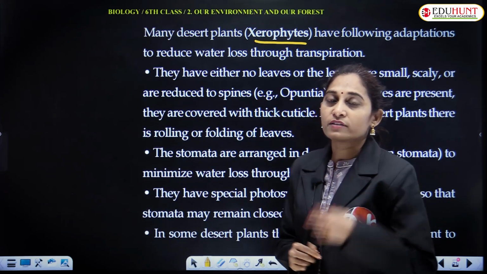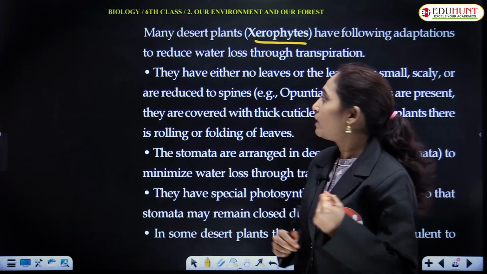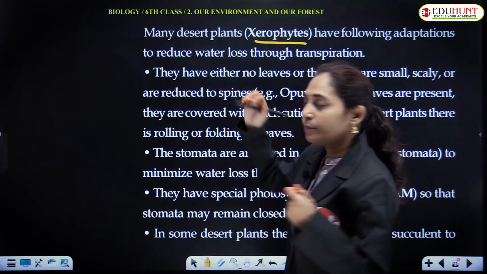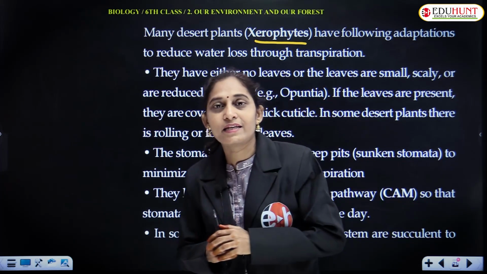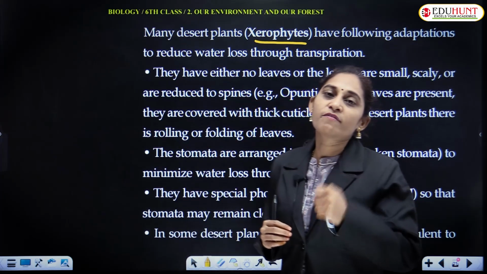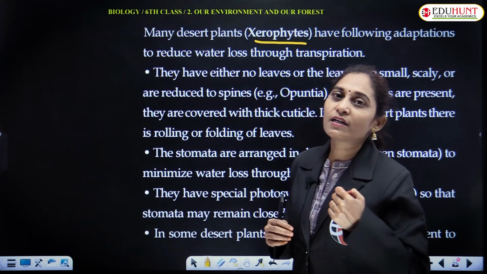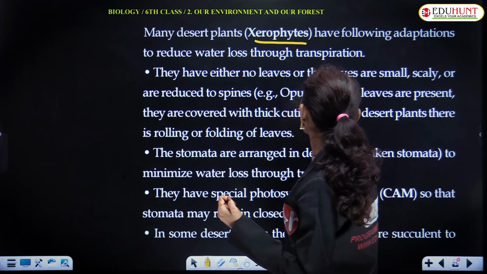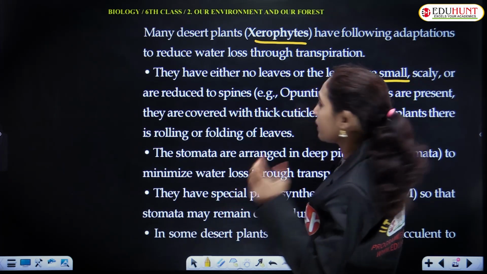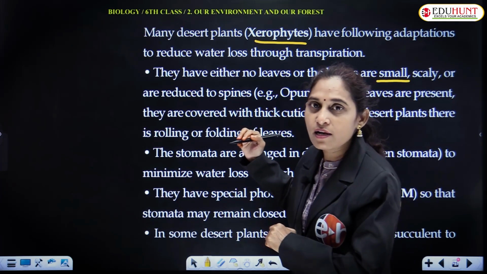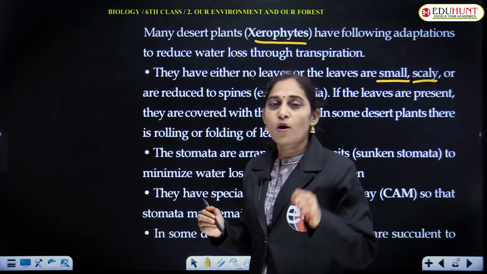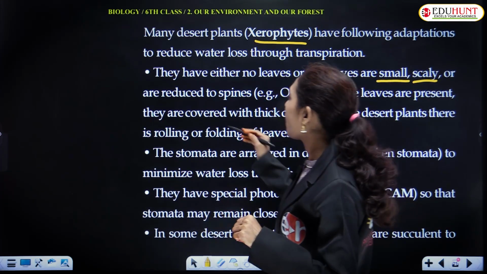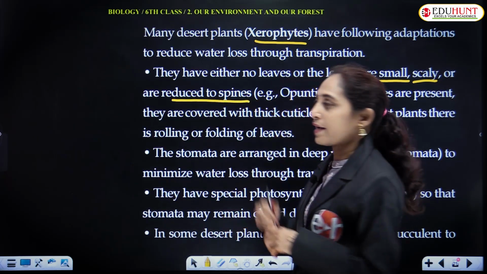and they have a thick cuticle, and either they produce very scanty, very tiny leaves, or the leaves may be modified into other structures like scale leaves. If they are present, they are small, and they are modified into scaly leaves, or they are reduced to spines.